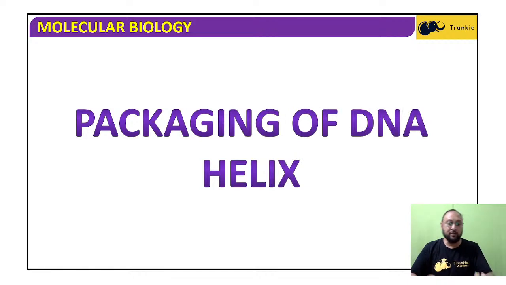Now we'll come to another important topic, the packaging of DNA. While discussing prokaryotic and eukaryotic cells, I told you that eukaryotic cells are much more advanced in that they have membrane-bound cell organelles.